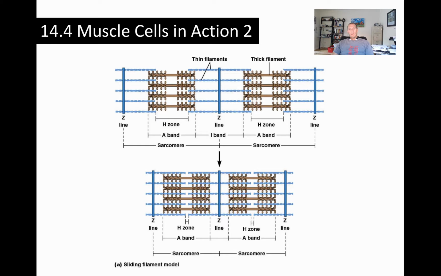So the sliding of the thin filaments past the thick filaments depends on the elaborate structure of the sarcomere, and as we'll see in a moment, the myosin protein is going to use the energy that is released when ATP is hydrolyzed and the phosphate is transferred around within the motor's head domain.